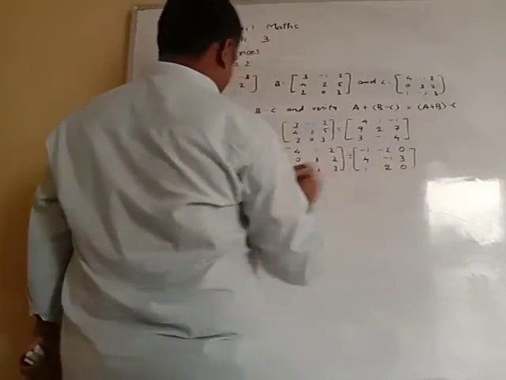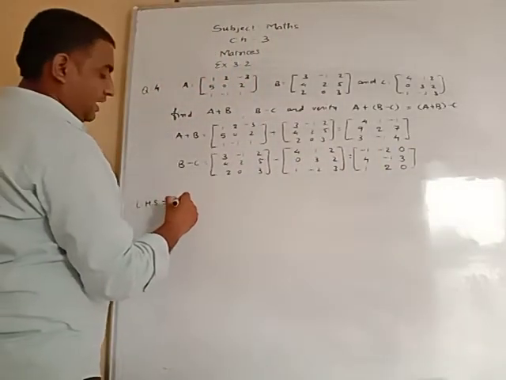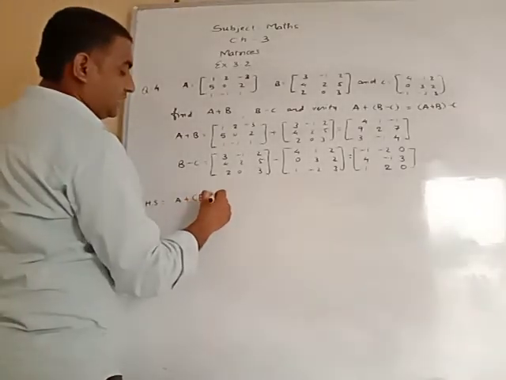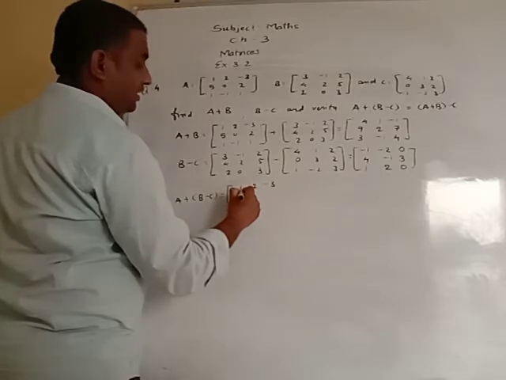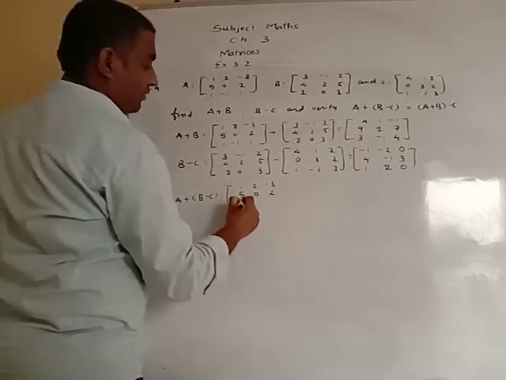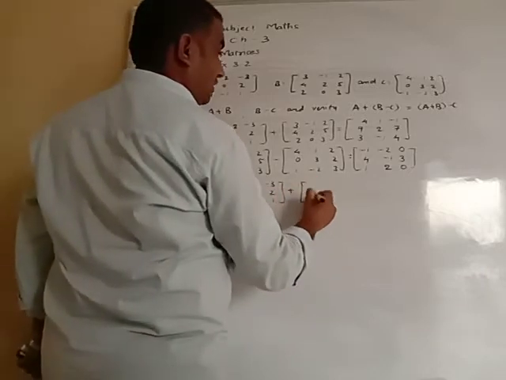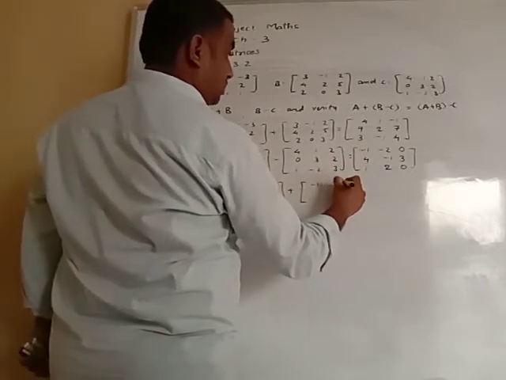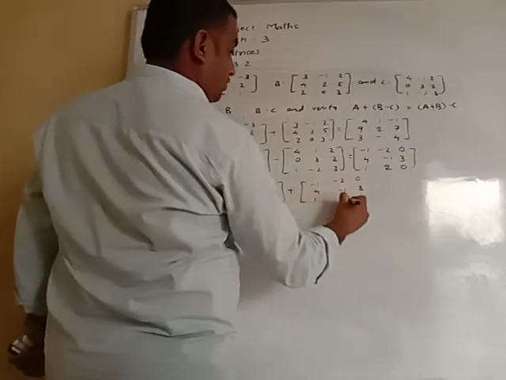Now we want to verify the left hand side, that is A plus B minus C. So for the A matrix we have 1 2 -3, 5 0 2, 1 -1 1, and the B minus C answer we got is -1 -2 0, 4 -1 3 and 1 2 0.